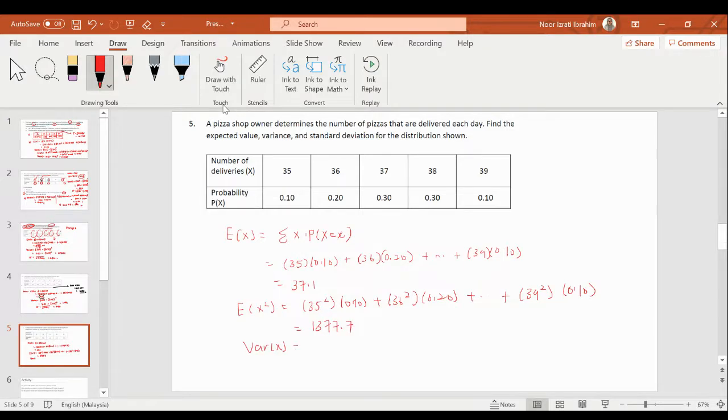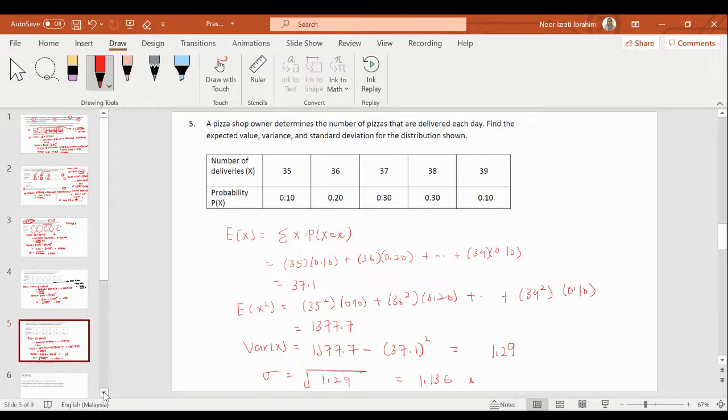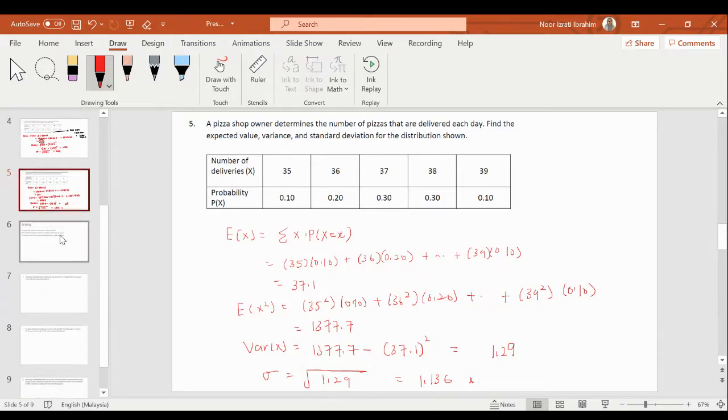And to get the variance of X, it will be 1377.7 minus 37.1 squared. It will be equal to 1.29. And standard deviation is always square root of variance. Square root of 1.29 equals 1.136. That is for question number 5.